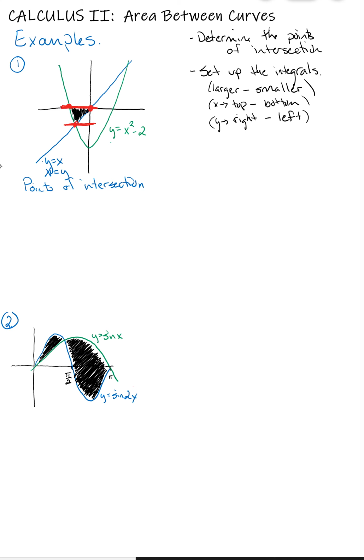And this one would be x equal to positive or negative square root of y plus 2. Also notice that I really only need one side of that parabola, the negative side. So I'm really just looking at x equal to negative square root of y plus 2.